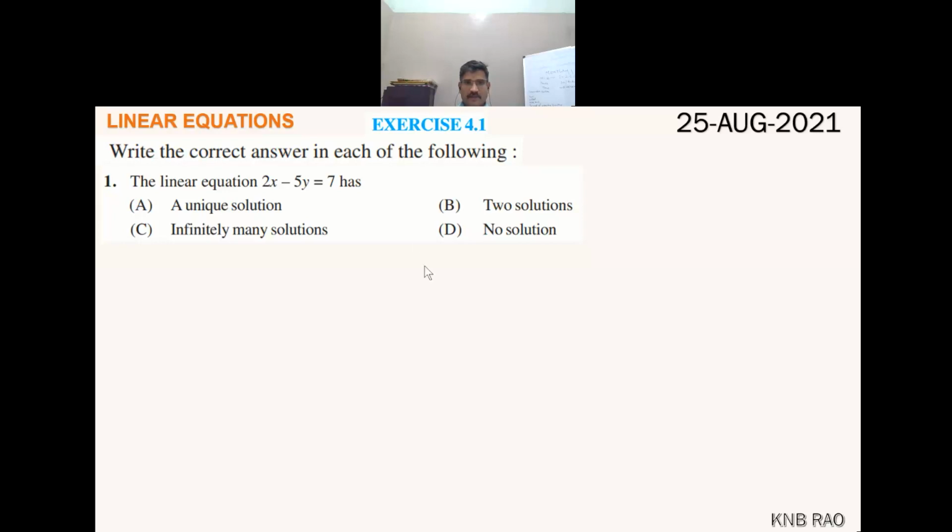Now what is the poll result? In the first question, many have answered, that is 40 out of 68 cadets have answered infinitely many solutions. That is the correct answer. 2x minus 5y equals 7 is a linear equation in two variables.